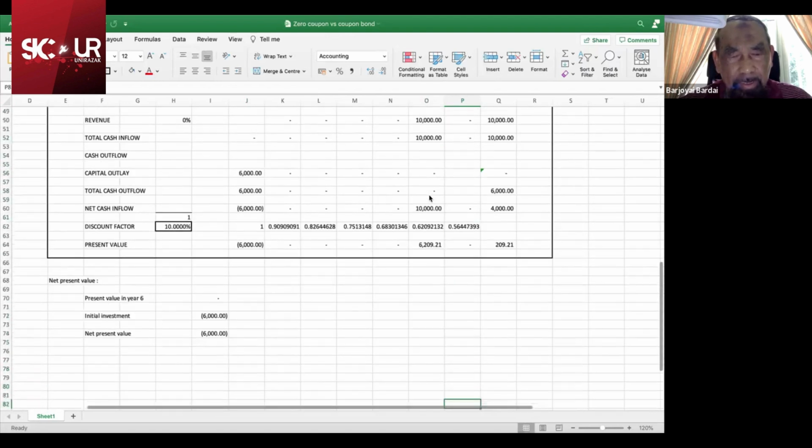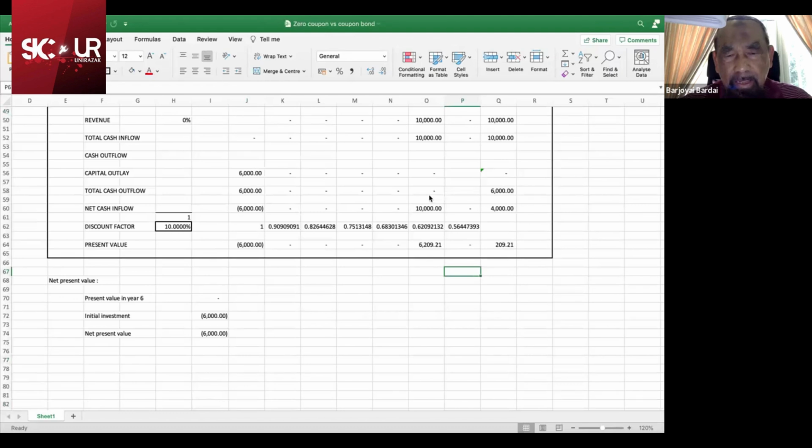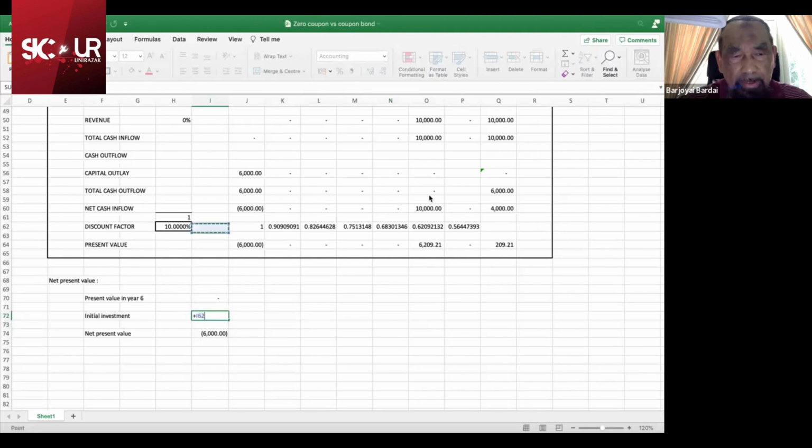Here, 6,000. And then the capital outlay, shall we put 10,000 also to be the same as above? This capital outlay will depend on how much we pay.